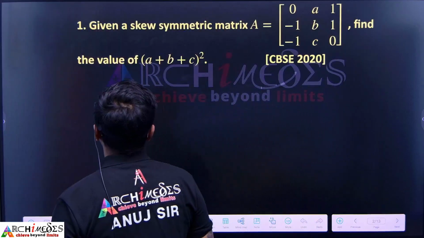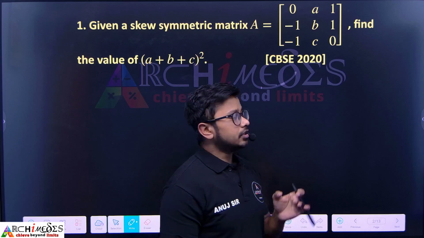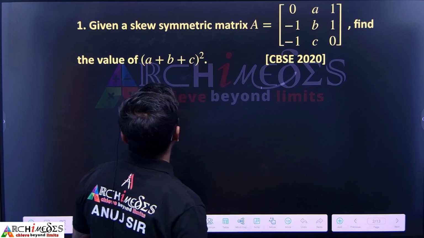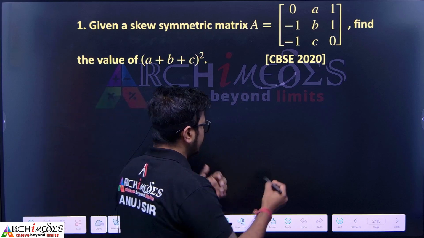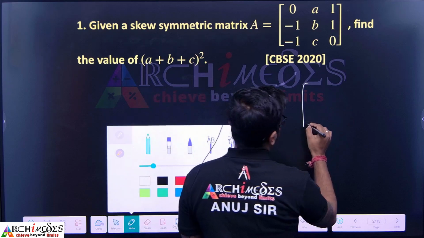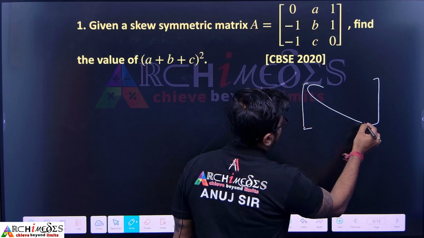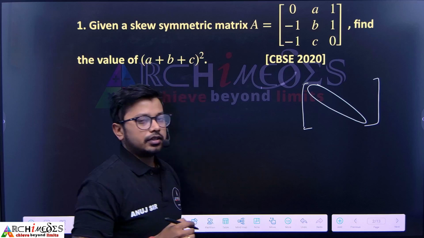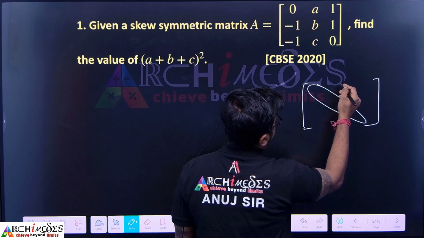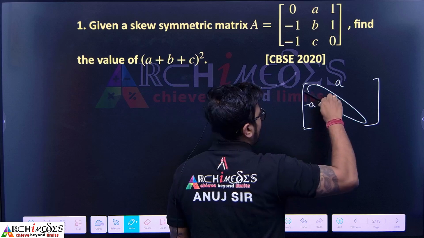Here there is a question, as we have already done the skew symmetric and the symmetric questions. Given a skew symmetric matrix A equals this, find the values of this. I have already told you that in a skew symmetric matrix, the diagonal element is always 0, and its opposite element is, suppose this is A, this is minus A. This works like a mirror.